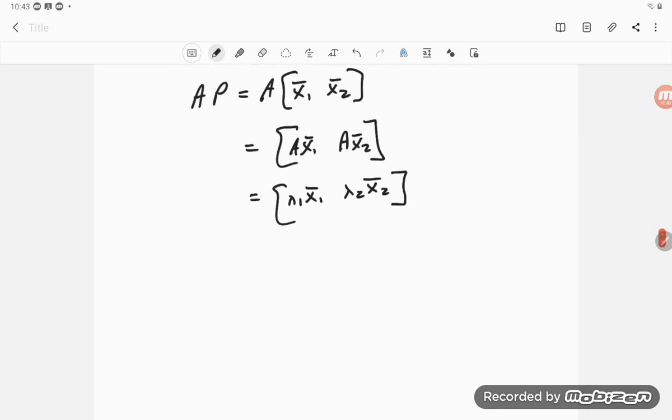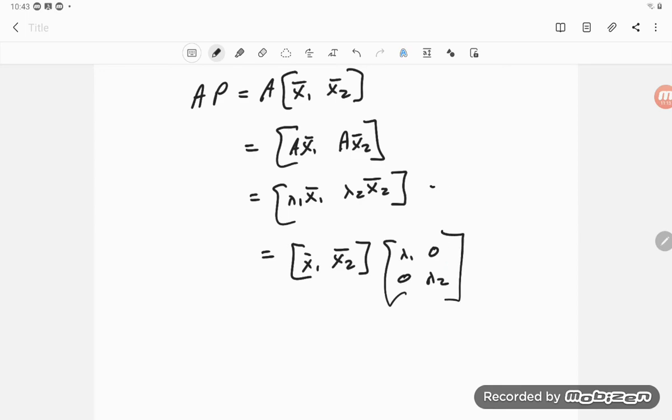Okay, so we have that, but that I can rewrite as the matrix multiplication of the P matrix times the matrix lambda 1, 0, 0, lambda 2.